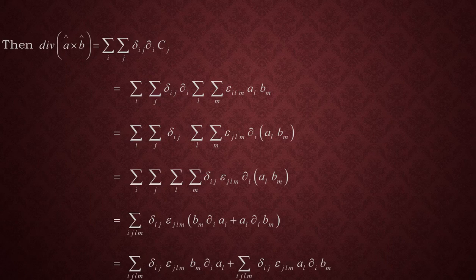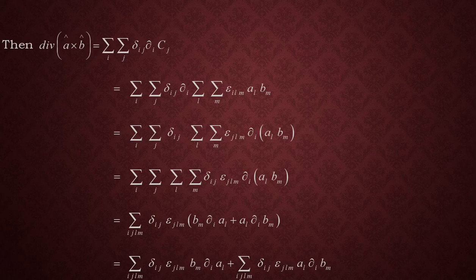Now instead of writing 4 summations, we can use only one summation over ijlm. This simplifies the writing of the proof. It makes the proof crisp. So we can write the representation of the divergence of A cap cross B cap as follows.